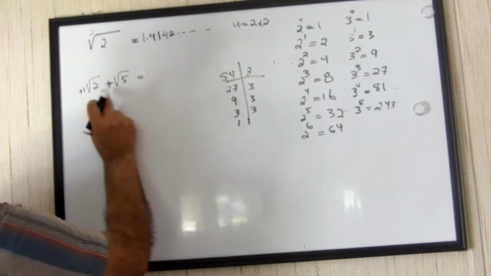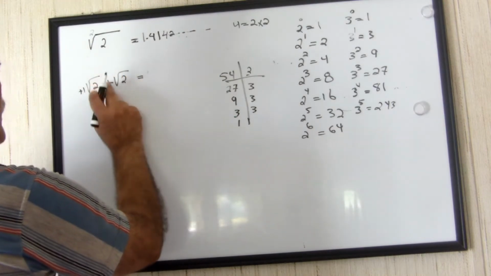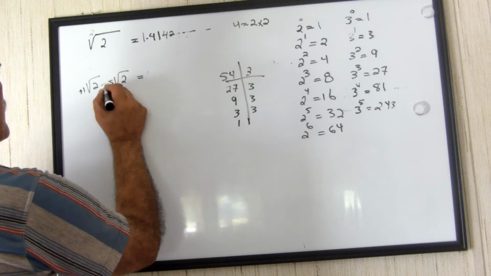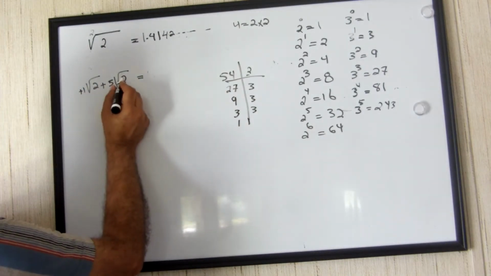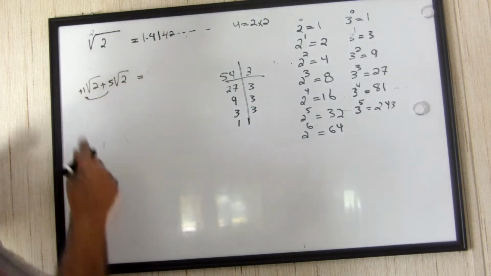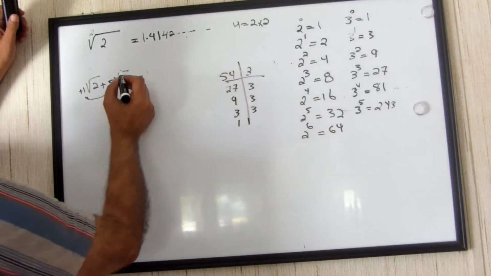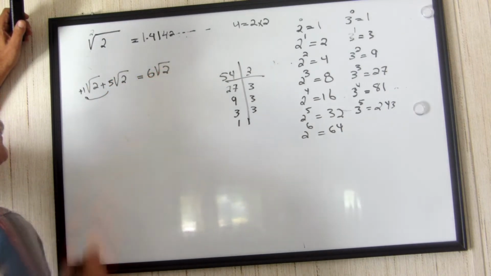What am I doing? I was going to write it like this: 1 square root of 2 plus 5 square root of 2. You add these together, and it's going to be 6 of them. This is 6 square root of 2.